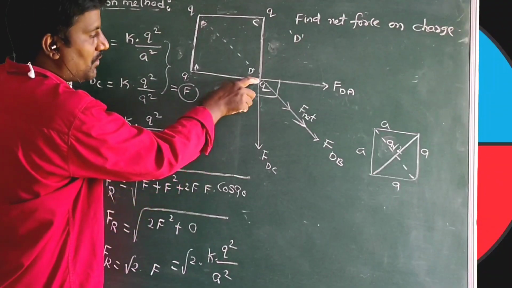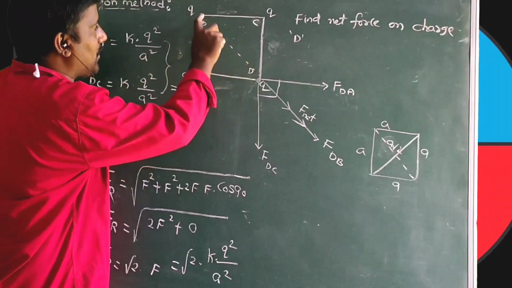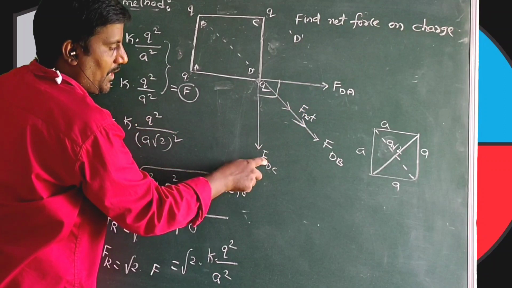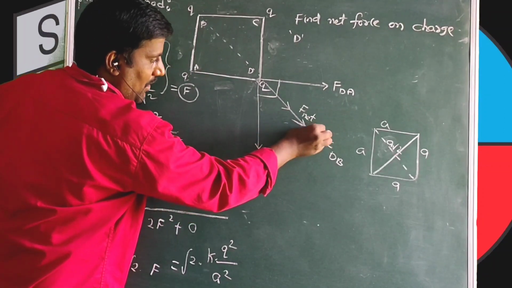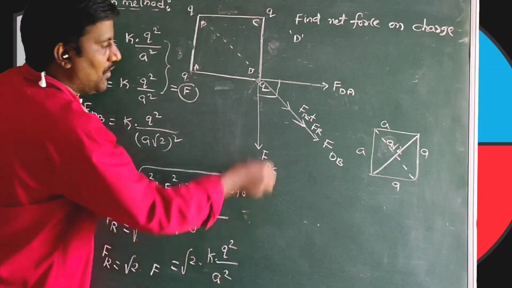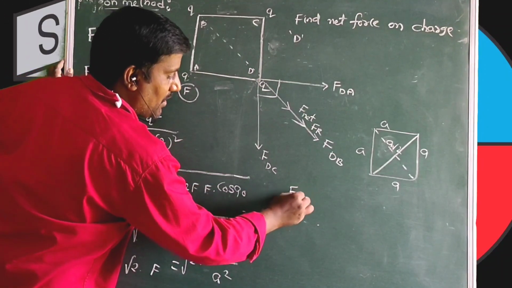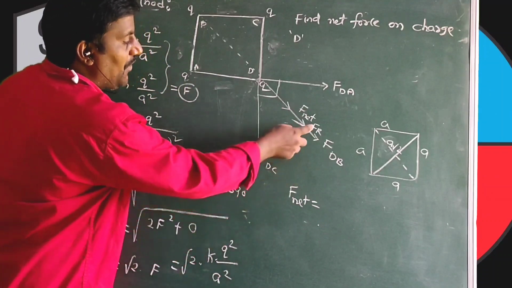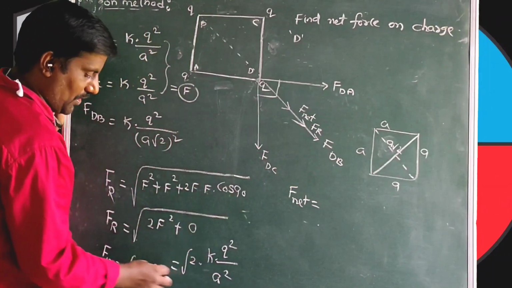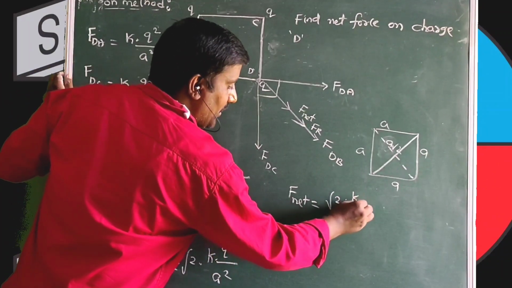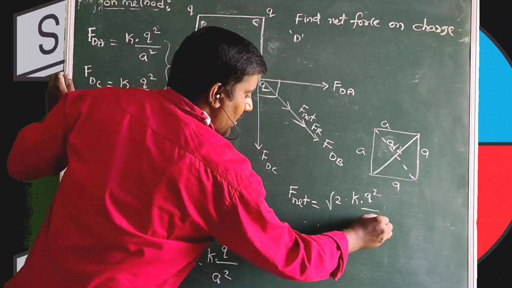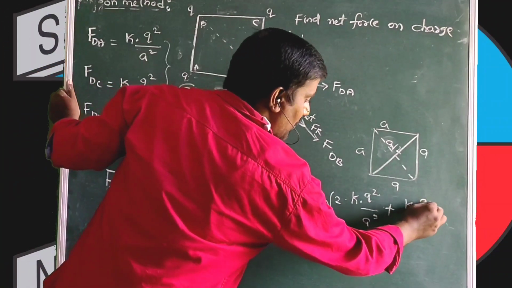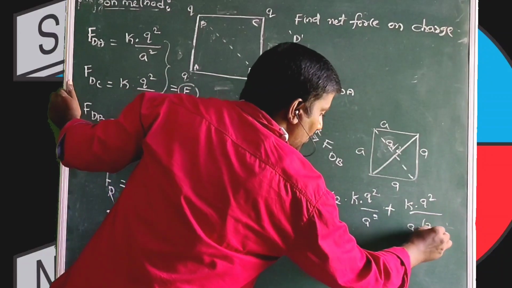But we want the net force on charge D due to these three charges. The resultant of FDC and FDA is FR, which is also acting along this direction. Therefore the net force on D, F net, is the sum of FR and FDB. FR is root 2 into K Q square by A square, and FDB we already know is K Q square by A root 2 whole square.